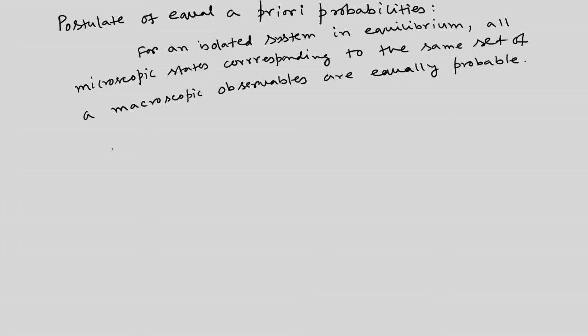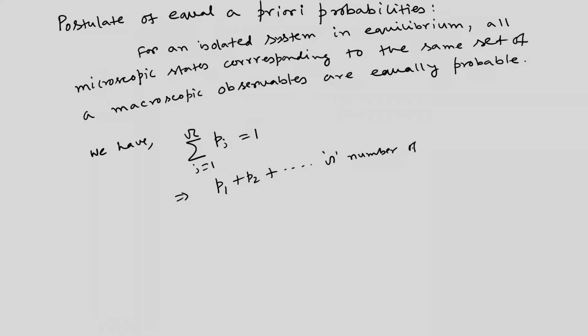So we have sum over j pj, where j goes from 1 to omega, equals 1. So you get p1 plus p2 plus so on, we get omega number of terms, so 1.